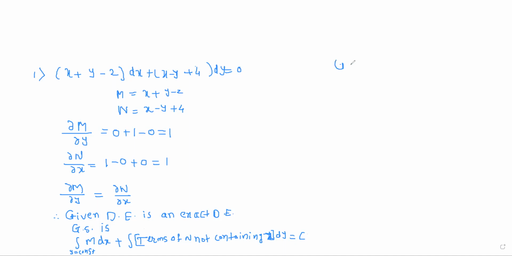So let's put the values in the formula. So the general solution is the integral of M dx. M is (x plus y minus 2) dx. Here you have to treat y as a constant, plus terms of N not containing x. So in N, this term is with x. So let's avoid this and take these two terms.